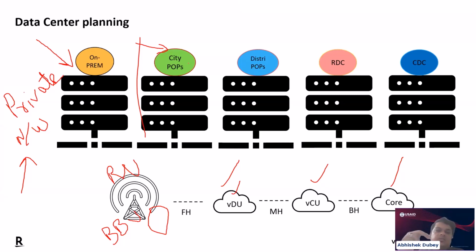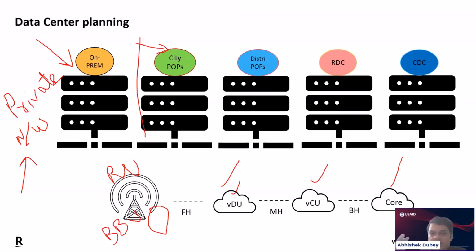So based on that, you can calculate how many servers, and also the height unit of servers. So maybe you can have 10 to 15 servers in one rack. Okay, so 10 to 15 servers in one rack, and let's say you require 100 servers. So based on that, you can plan how many racks you require in city POPs. Okay, this is an example.